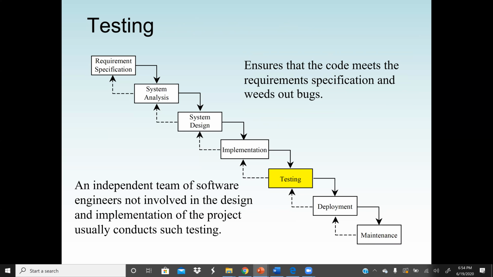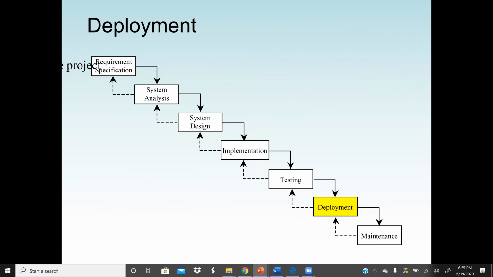And also one of the entry-level jobs in software engineering is software tester. Your goal is again testing the system and possibly identifying bugs and weeding them out. So deployment, the system is ready for use.